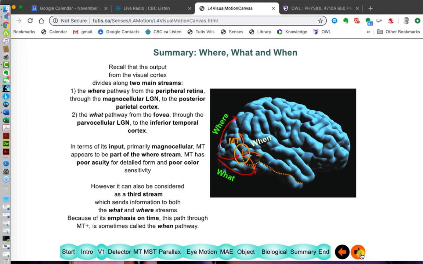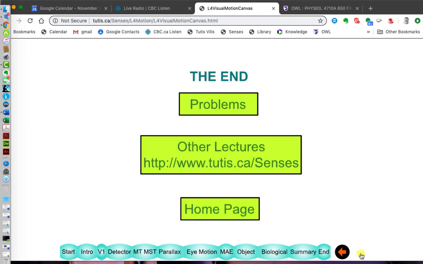And some people suggest that it should be given the name of a when stream, because it combines what and where with time, an emphasis on time. So this structure is called the when pathway. And that's it.